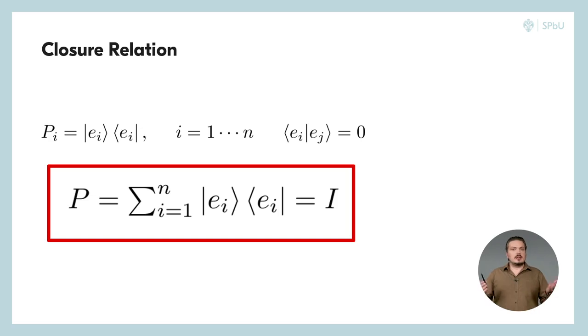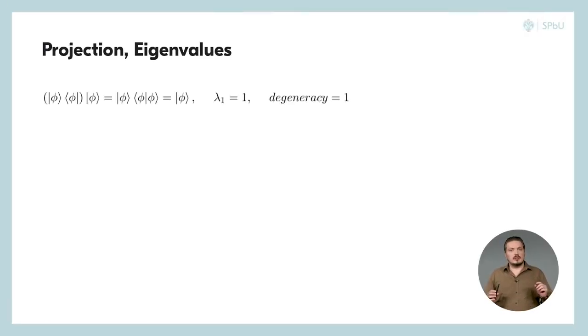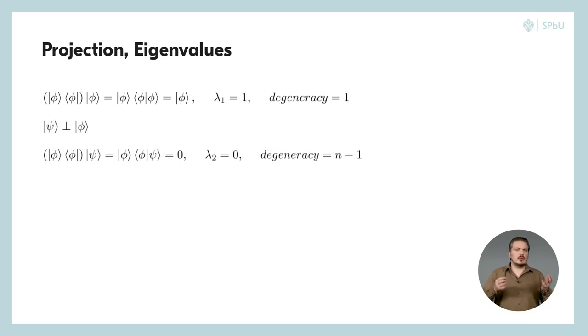So, what are the solutions of the eigenequation for the projection P phi? First, we may notice that for the vector phi itself, the projection on phi acts as identity. So, phi is an eigenvector with eigenvalue 1. And for any vector which is orthogonal to phi, the projection gives us 0, which means that the second eigenvalue of this operator is 0, and its eigensubspace has the dimensionality of n minus 1, where n is the dimensionality of the whole space.